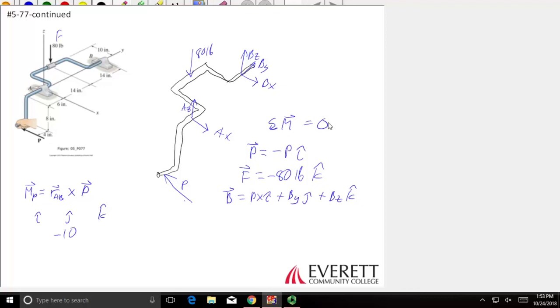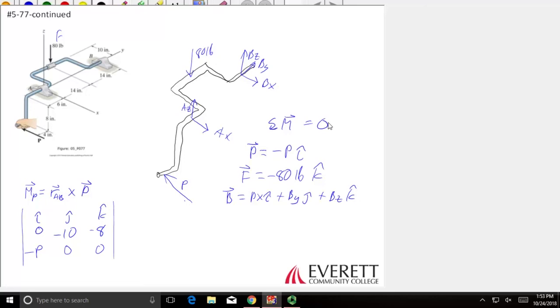Negative 10. I'm not going to go anywhere in the X. In the negative k, I'm going to go 8. What's that? Negative 8, thank you. And then I put my P in, which is going to be negative P, 0, 0. Okay, I'm going to find the moment of that. 0, 0 for the i.